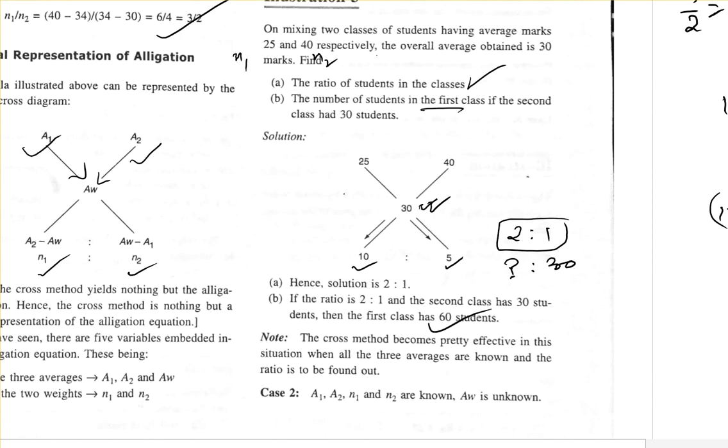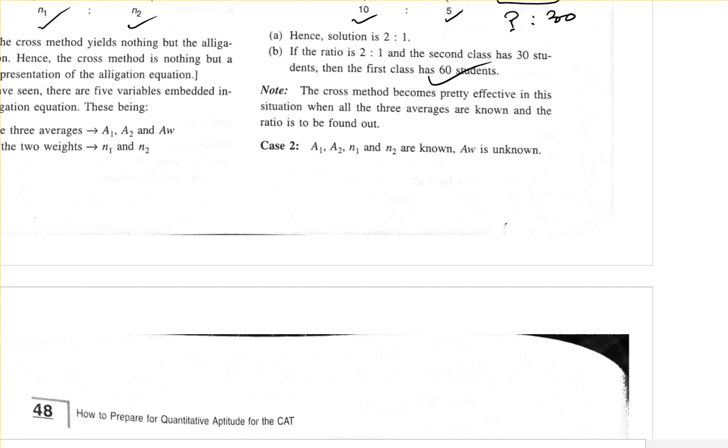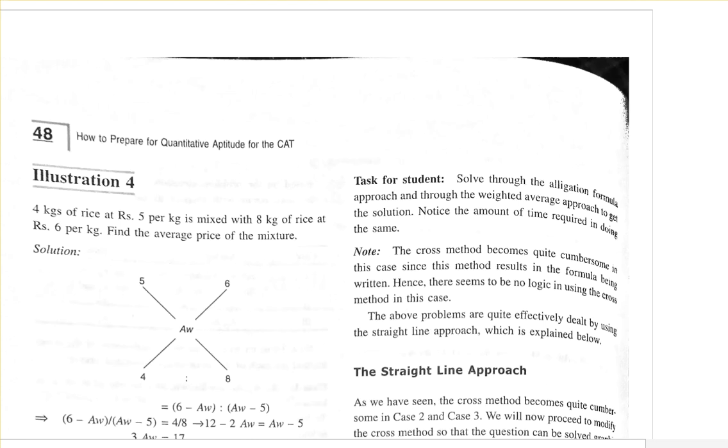There's a1, there's a2, so n1 is to n2. This way it works. Now the cross method becomes pretty effective when all the three averages are known and the ratio is to be found out.